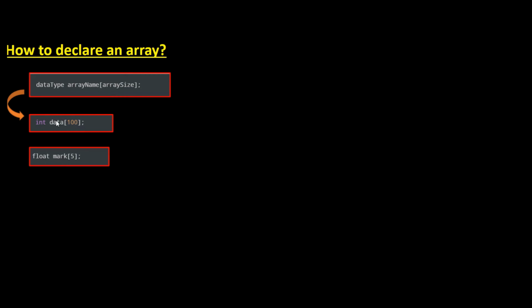So in this variable that we call data, we can store 100 numbers of integer type. For example, float mark[5]. In this variable we have an array with the size of 5, so we can store 5 numbers of type float. This is how to declare the array.